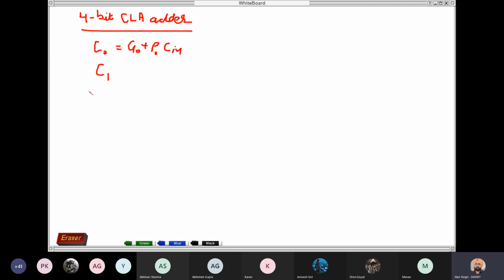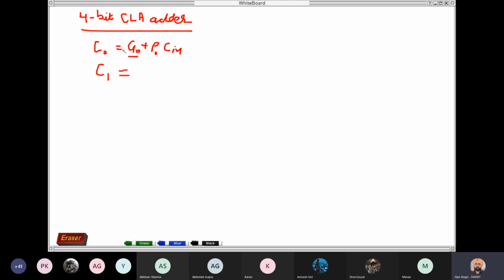If both the bits are 1, then G0 will be 1, so the carry status will be 1. If any one bit of A and B is 0, then the value of Cin will be propagated as C0. Generally we take Cin as 0, then the carry C0 will be 0.